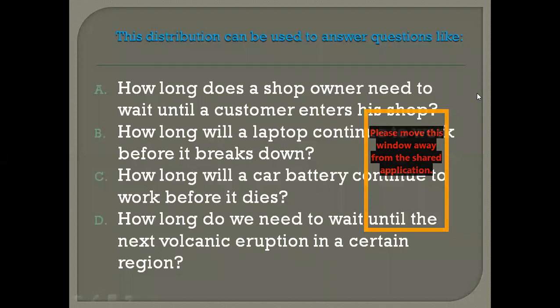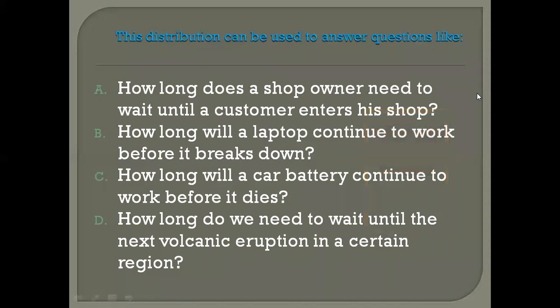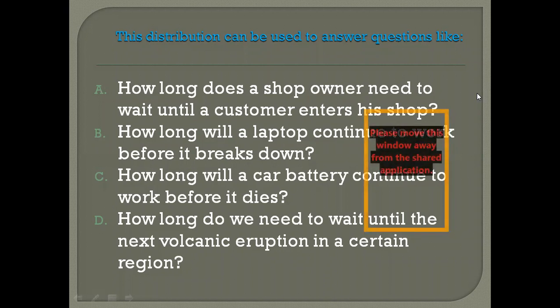How long will a laptop continue to work before it breaks down? In terms of reliability analysis and other things, you use Poisson and exponential kinds of distributions. And how long will a car battery last? The same. How long do we need to wait until the next volcanic eruption in a certain region?